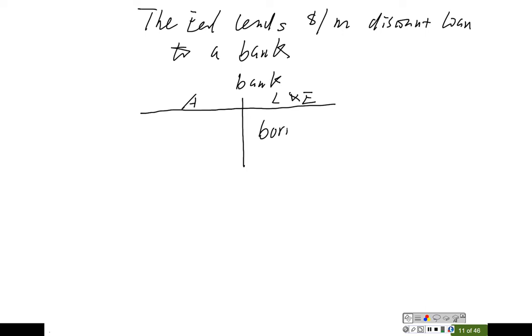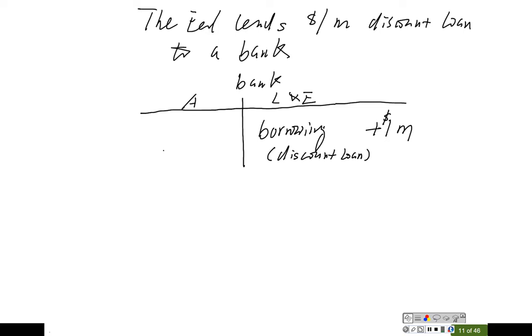It's part of the bank's liabilities. So the borrowing, in particular the discount loan, will increase by $1 million.